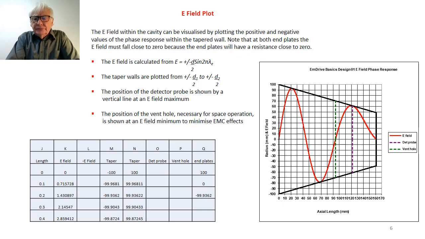One important point to note is that if we're going to fly this equipment, it has to have a vent hole. All space equipment has to be vented, because as you go up through the atmosphere into the vacuum of space, everything outgasses, and you must clear the cavity itself of any residual atmospheric gas.